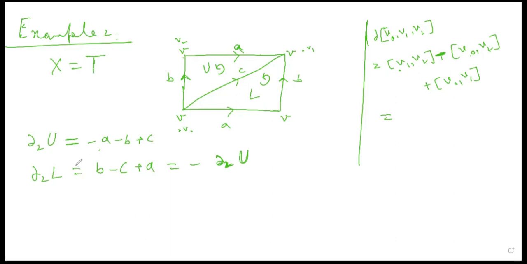It means image, hence image B1 T equal to image 2 equal to Z, and this is span of A plus B minus C. You can see, right? Whether you say span of this or span of this, whatever.